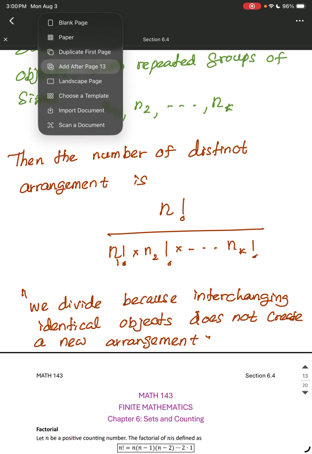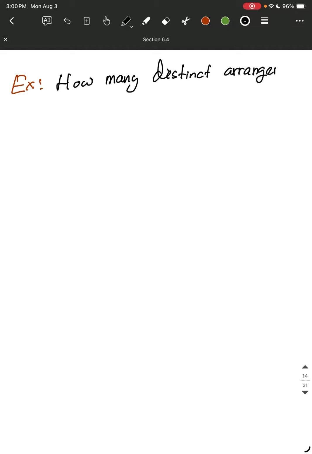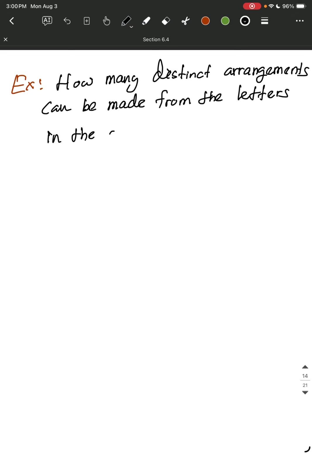Think about the word statistics. Example: how many distinct arrangements can be made from the letters in the word statistics?